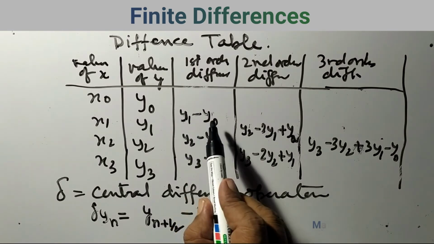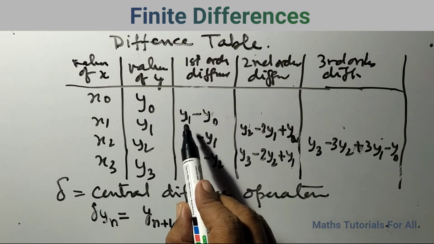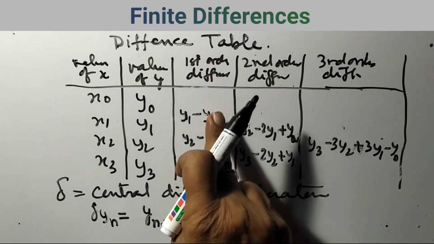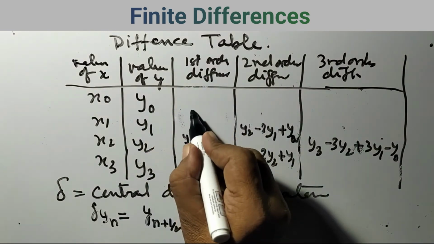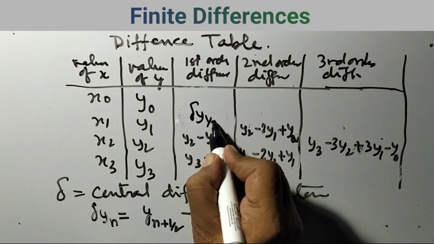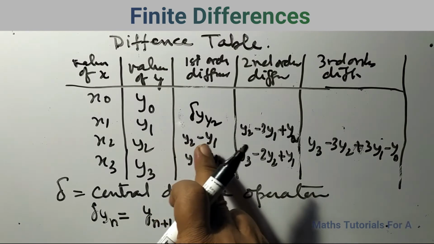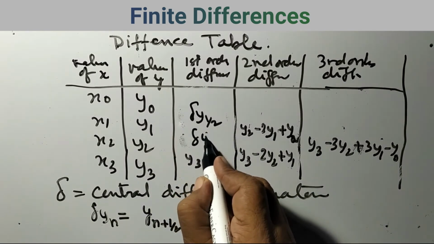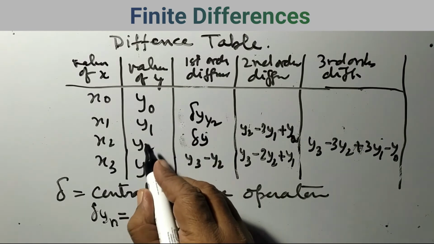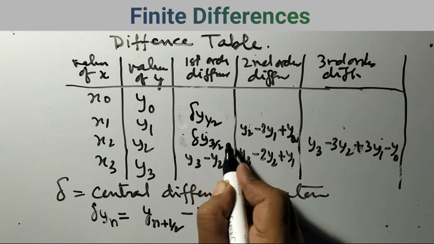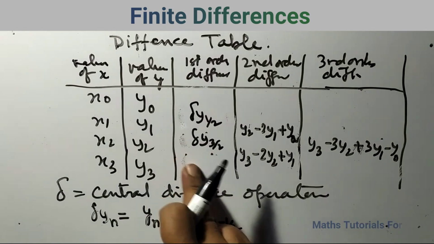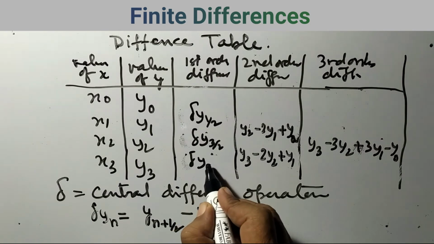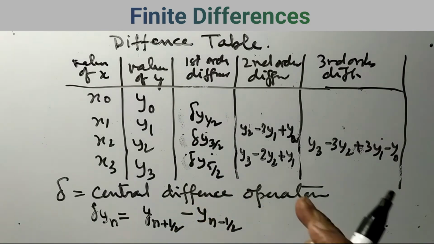So, y1 minus y0, its center is (1 plus 0) by 2, that means half. So here we write delta y half. For 1 and 2, center is half. Central difference operator is delta y, (1 plus 2) by 2, that means 3 by 2 or 1.5. And this is equal to 2 and 3, 2.5 or delta y 5 by 2.